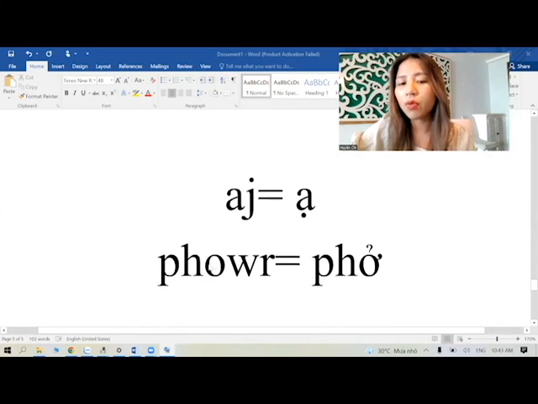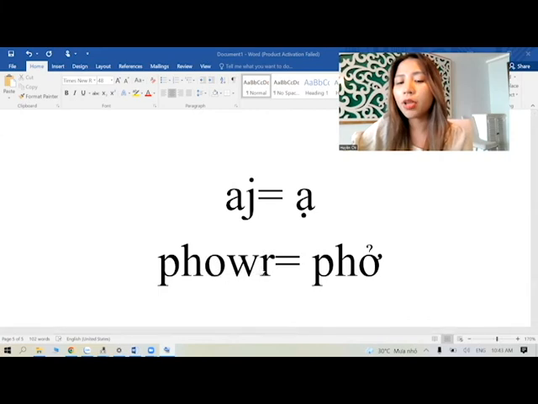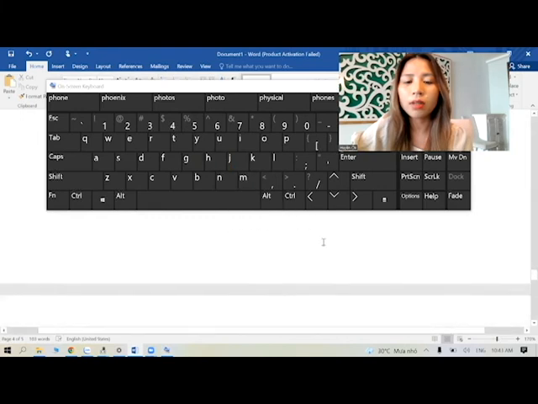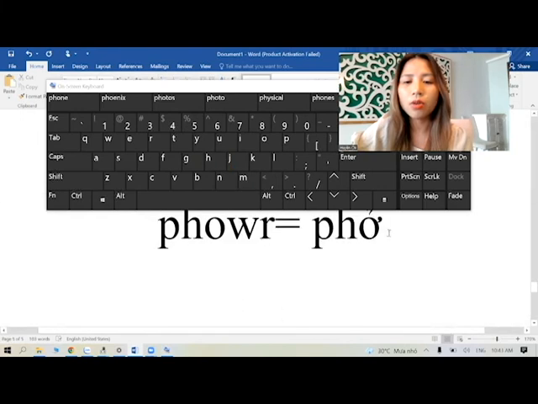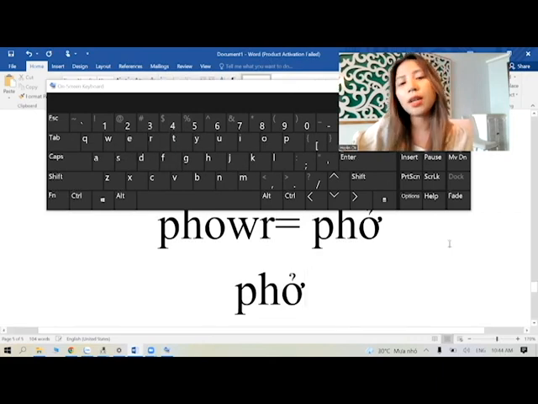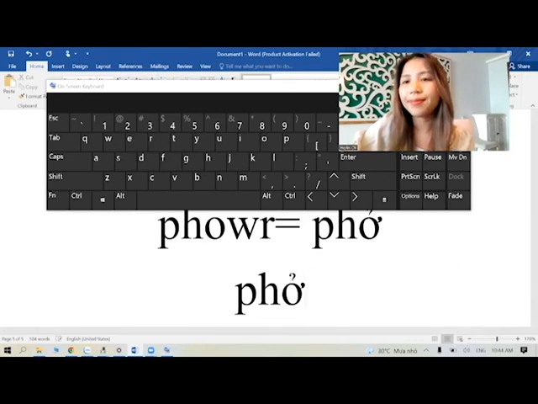For example, if you want to write fur, you type PHOWR. PHOW turns to a hook, and then a question tone. That is fur.